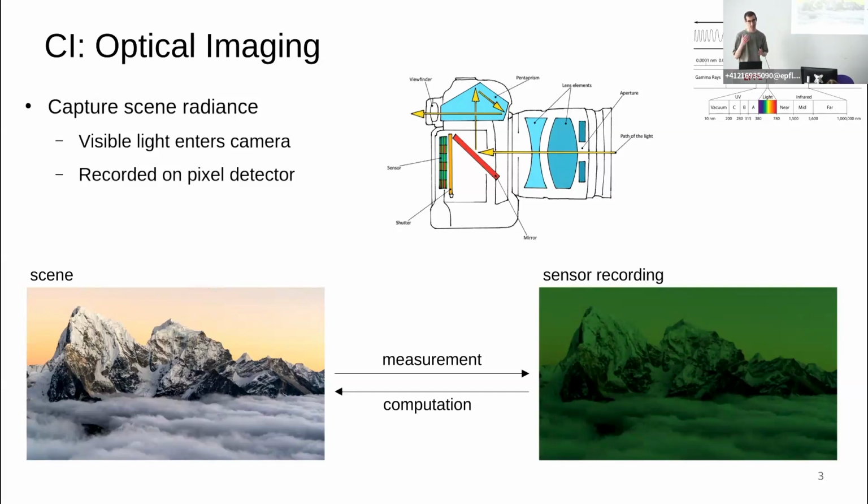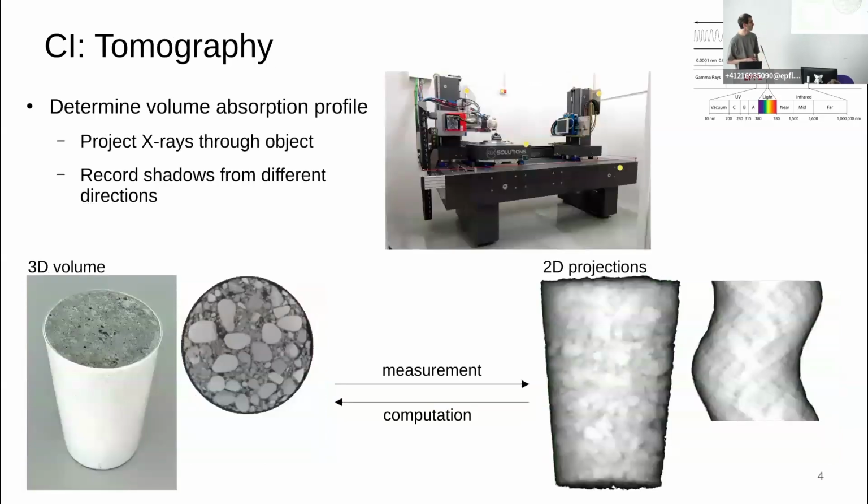Optics has the benefit of having the data that already looks like an image. So it's a restoration problem, but there are other modalities depending on the wavelength you're looking at where what you are measuring is not at all an image per se. And one of those is tomography with X-rays. So here the concept is you have a cylinder of concrete that's sitting on a turntable in this X-ray machine, and you have an X-ray cannon that shoots rays through it, and you try to reconstruct.